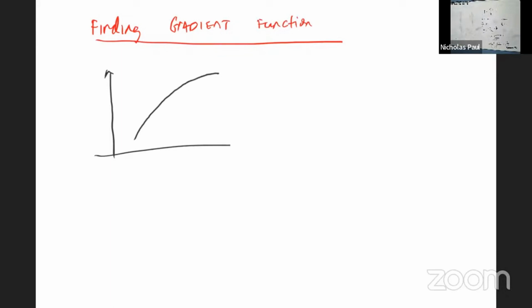So at different points, the gradient is always changing. So let us say this function is y equals f of x. At different points, that gradient is always changing. So we need to find a way to get the gradient at any single point. To get the gradient at any point, here's what we could do. We could differentiate f of x.